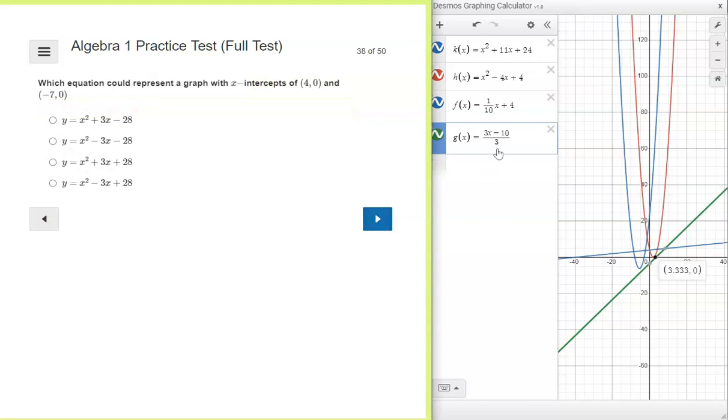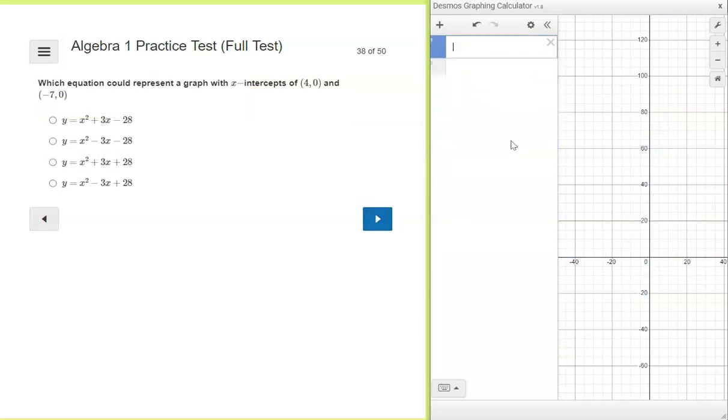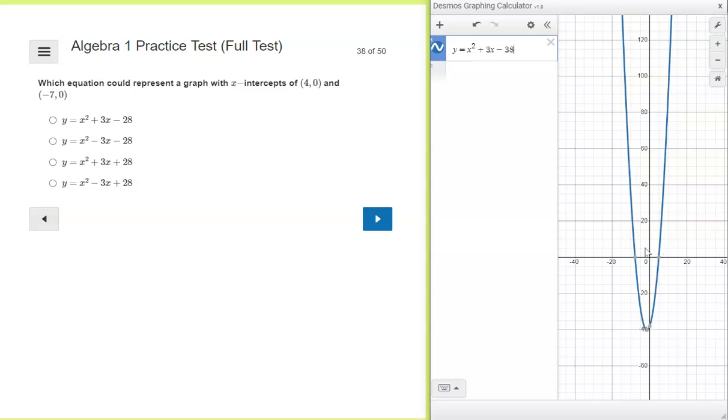Which equation could represent the graph that has x-intercepts at (4, 0) and (-7, 0)? So we're just looking for those particular x-intercepts, okay? So again, graph them. Desmos does a great job of graphing them. So -7, oh, close enough, but not, oh, maybe it is that one. I typed it in wrong.